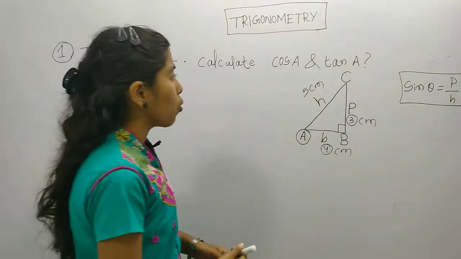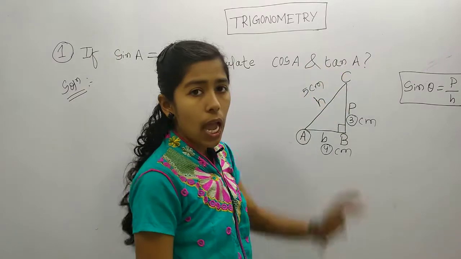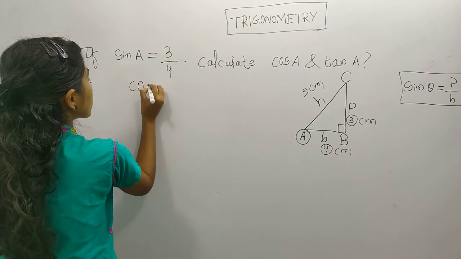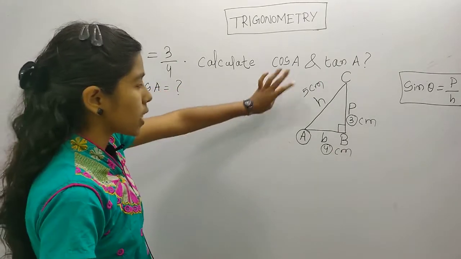Now let's go to the next part. What is given? Calculate cos A and tan A. What do we have to write? Cos A equals question mark, because cos A is asked here.